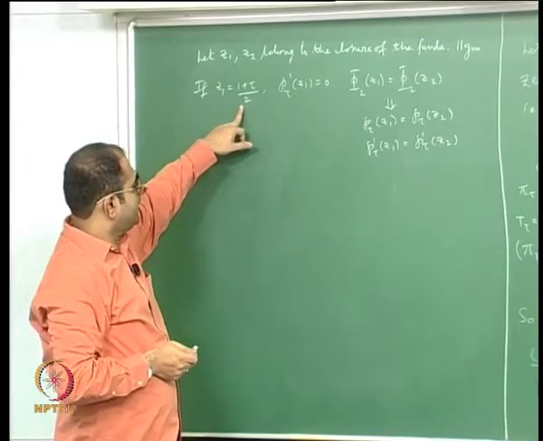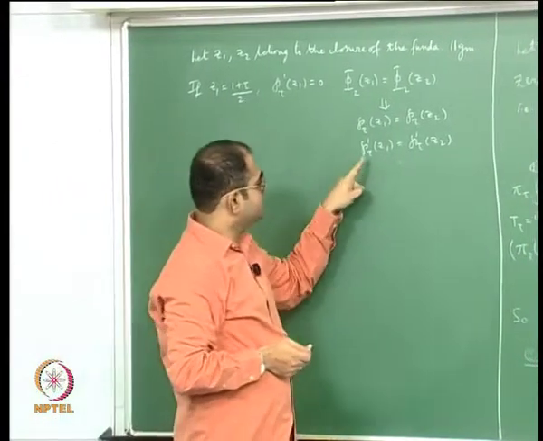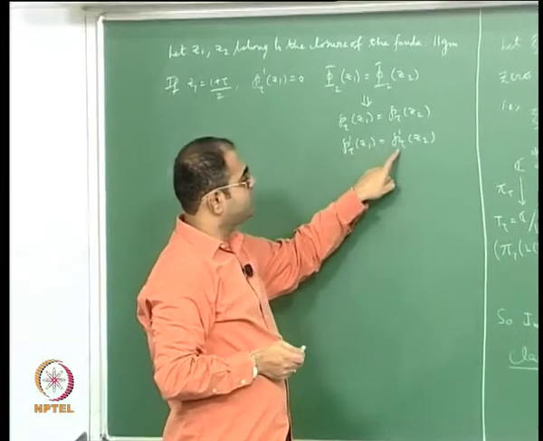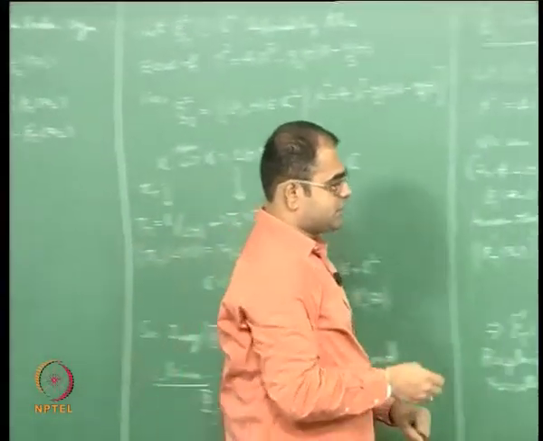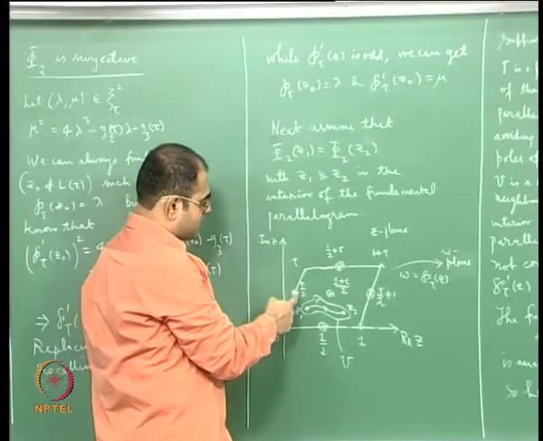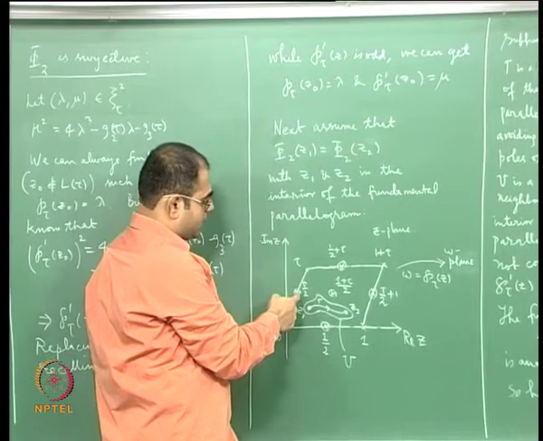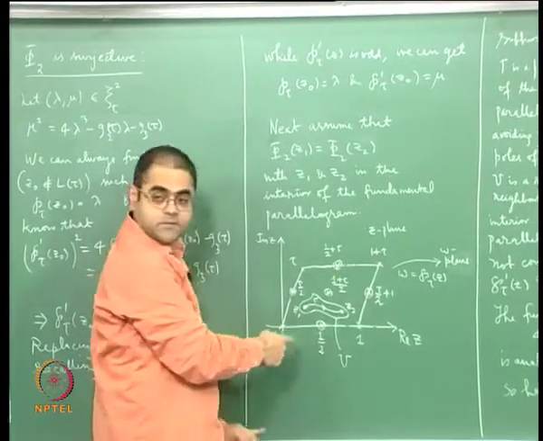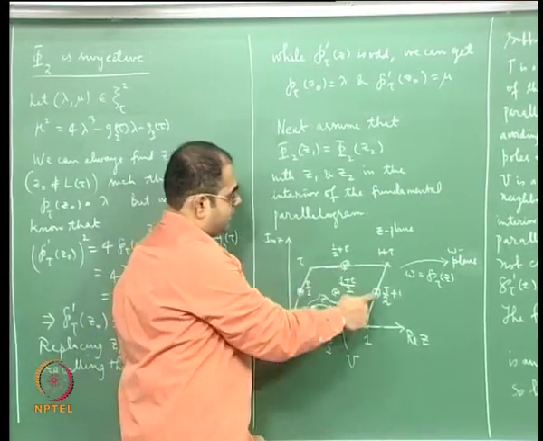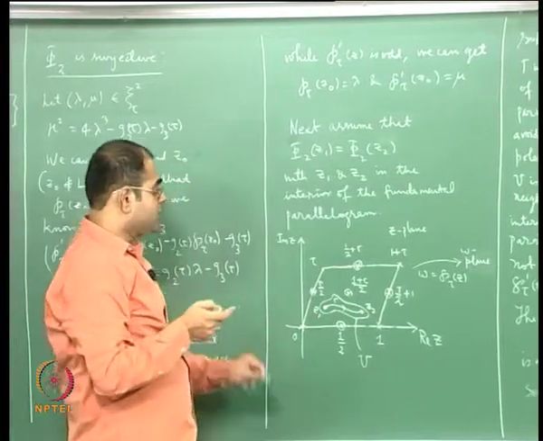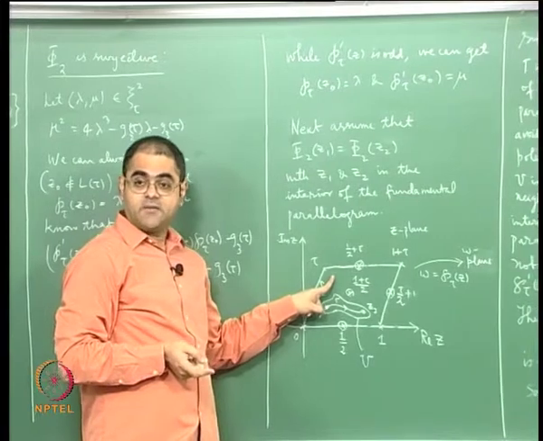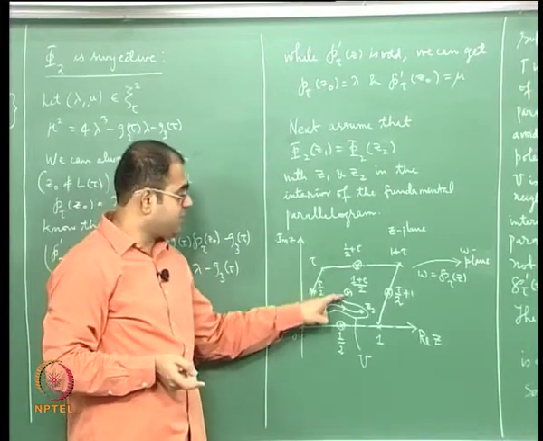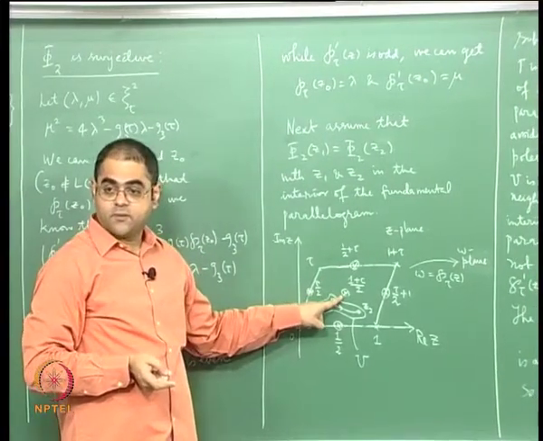Then since phi prime is 0 at z1, phi prime is also 0 at z2, and therefore for z2 the only choices are these other points. For z2 these are the only choices, but whichever of those points it is, the phi value at that point should be the same as the phi value at (1 plus tau) by 2.